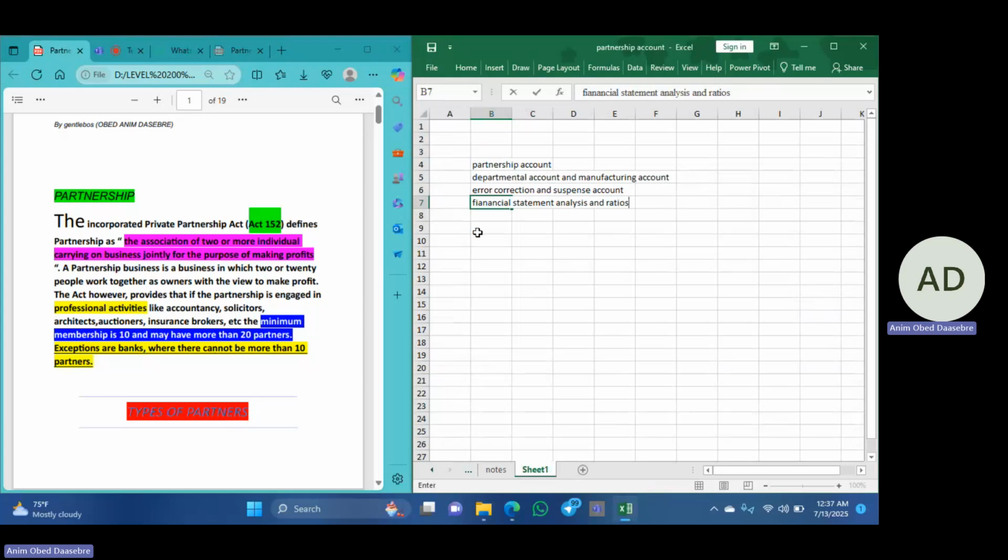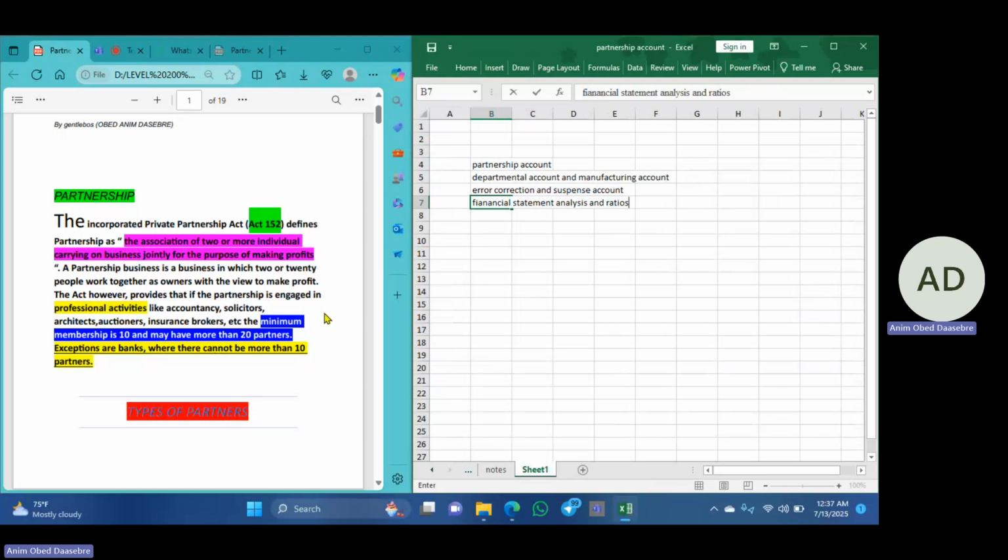So today I'm going to begin with the partnership accounts. In these partnership accounts, we are going to focus on the final accounts of partnership, right? As you can see, partnership is a business where 2 or more people come together, pool resources together to start a business.